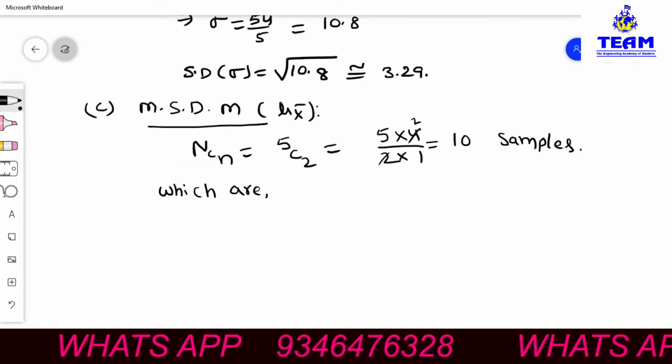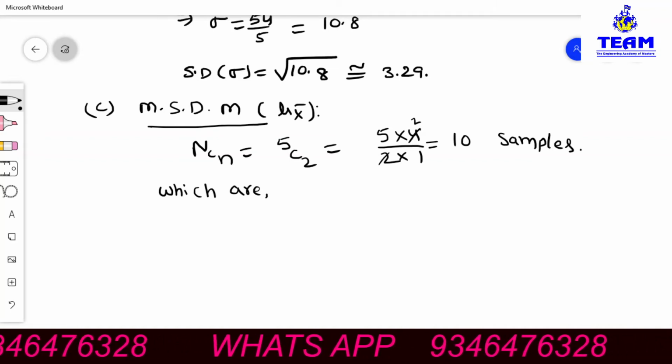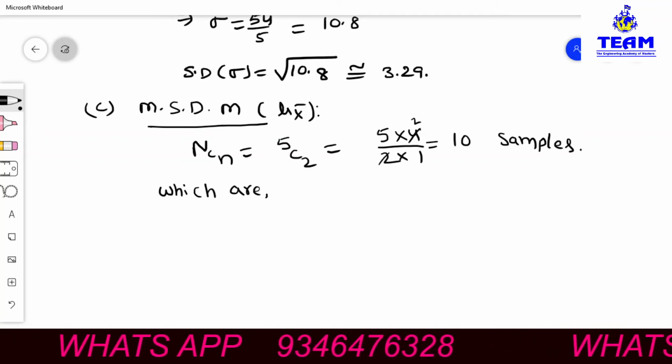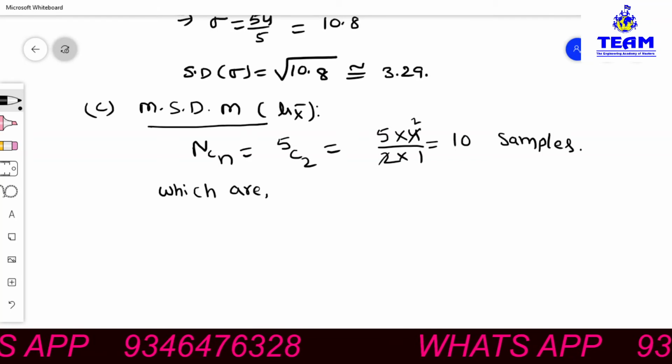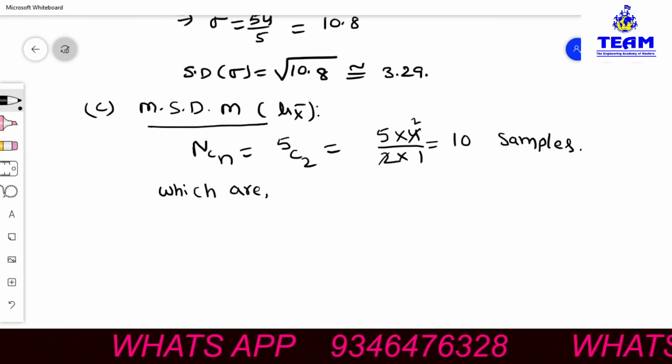What are the numbers as given? The given numbers are 2, 3, 6, 8, 11.